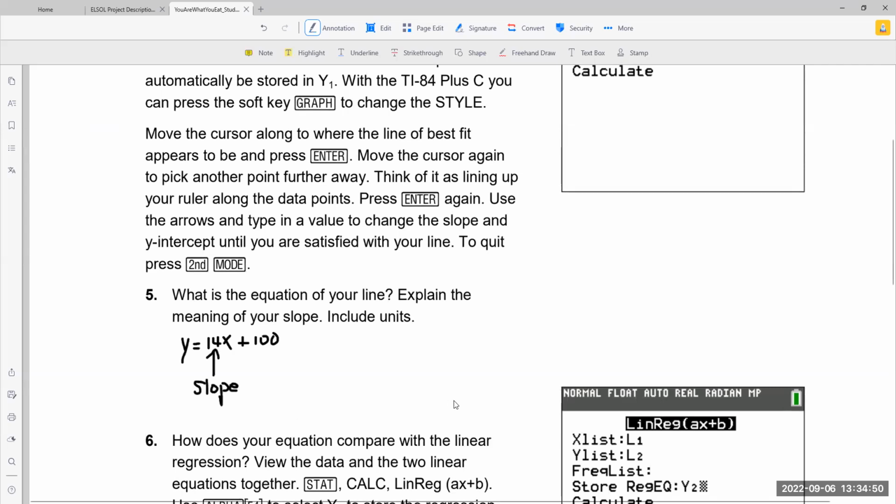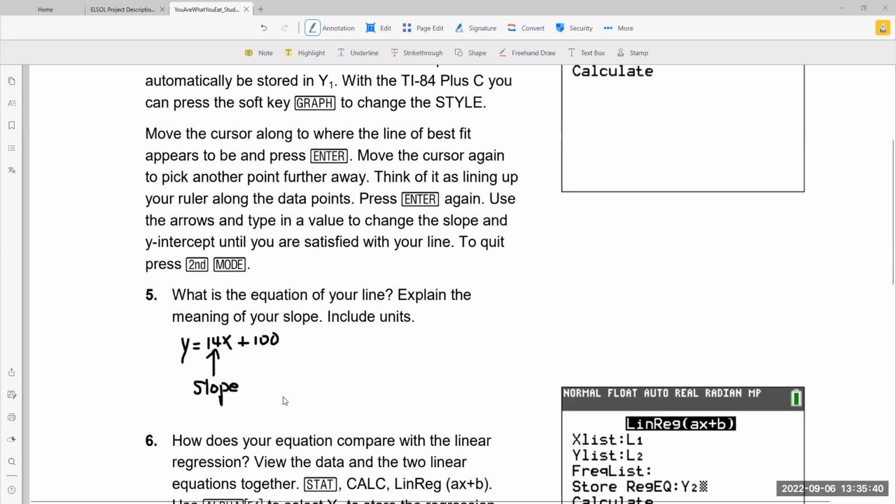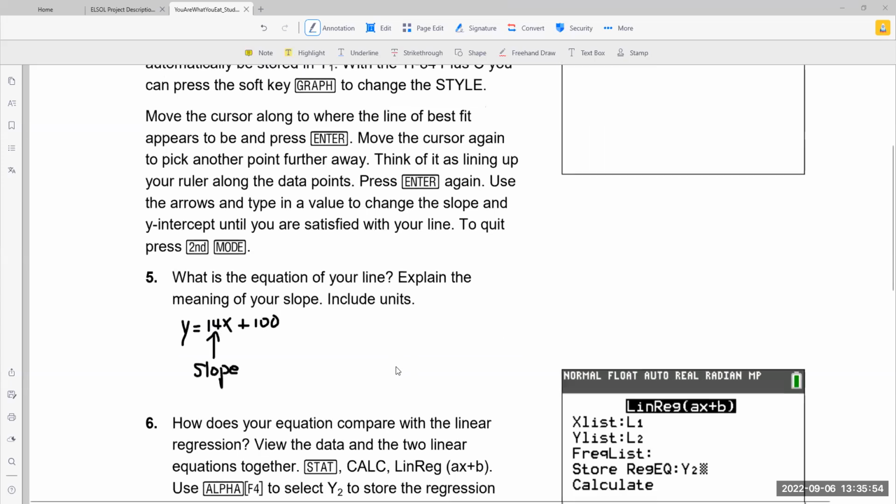So I'm going to stop the recording and let you try to answer that part of the question. All right, so by now you should have some kind of answer that relates the number you chose as your slope to the data, the dependent variable and the independent variable.